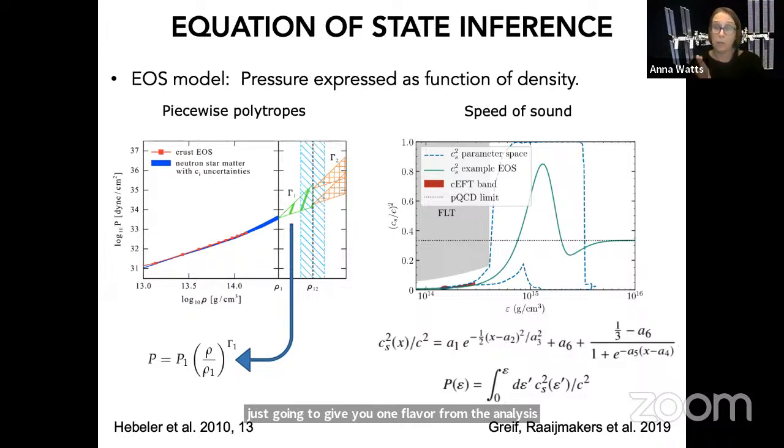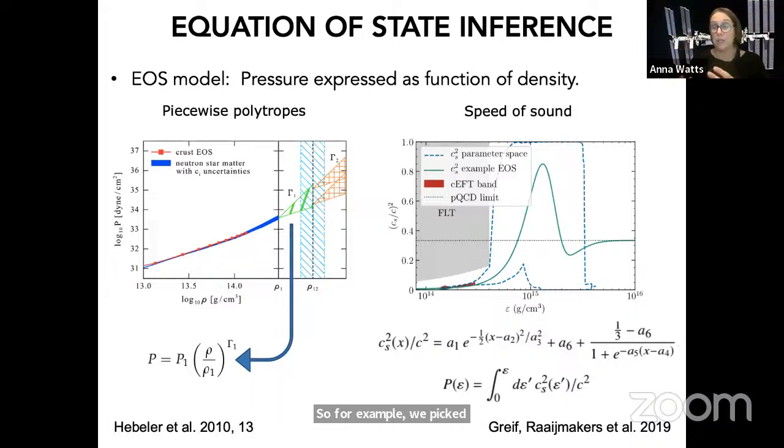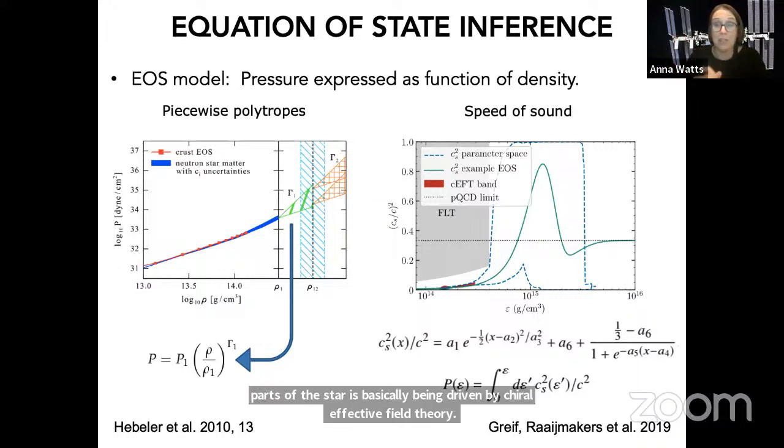So for example, we picked a model where the outer part of the star is driven by chiral effective field theory. So we have an equation of state that's consistent with chiral effective field theory.